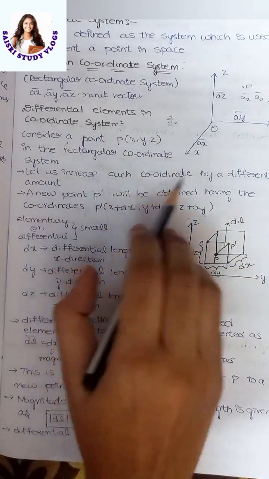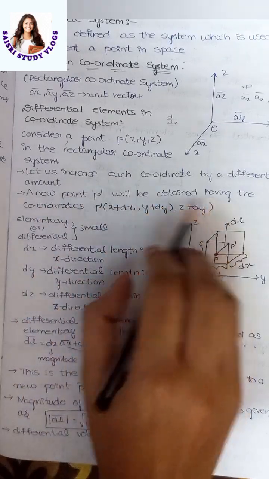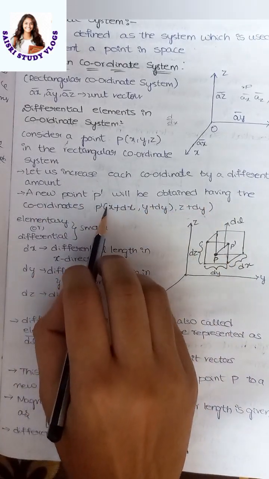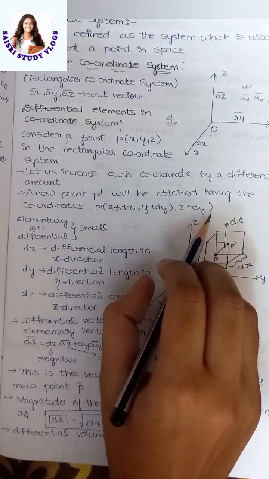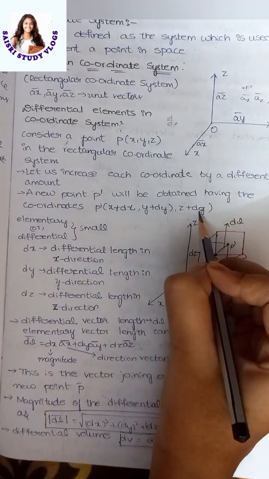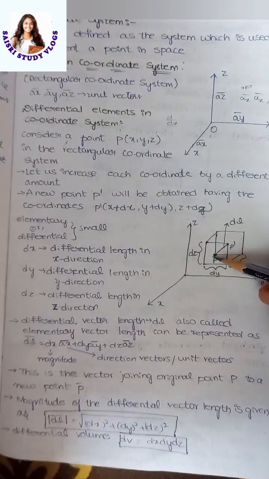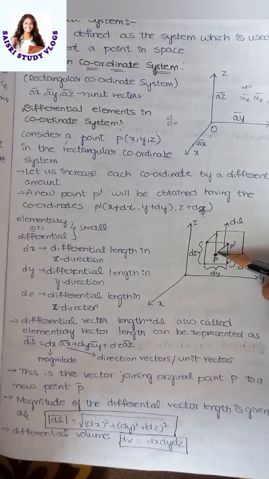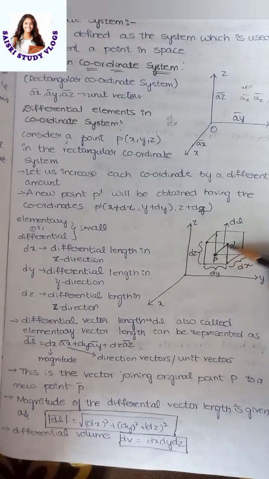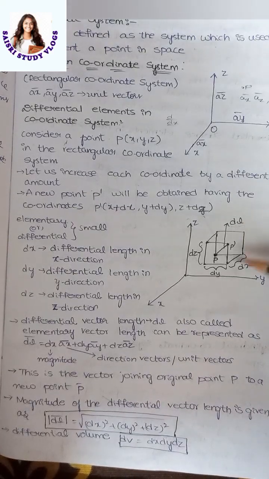Let us increase the coordinate by a differential amount. A new point P dash will be obtained having the coordinates x plus dx, y plus dy, z plus dz. Here it is the original point P. We have changed the point to here, and the distance between these two points is dl, the change in length.